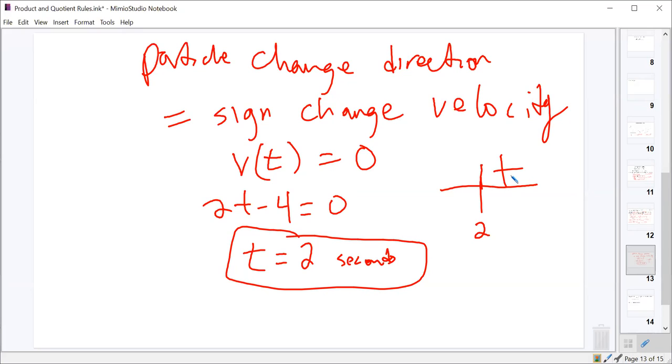True? Yep. And if you plug in something less than 2, like 1, you get a negative. So at t equals 2, the velocity was 0, and to the right of that it was positive, and to the left of that it was negative. Good? Yep. All right, cool.